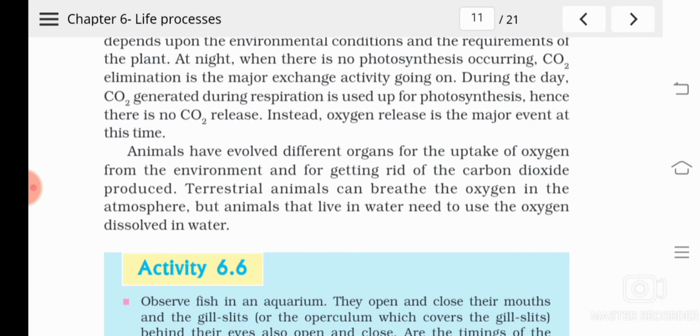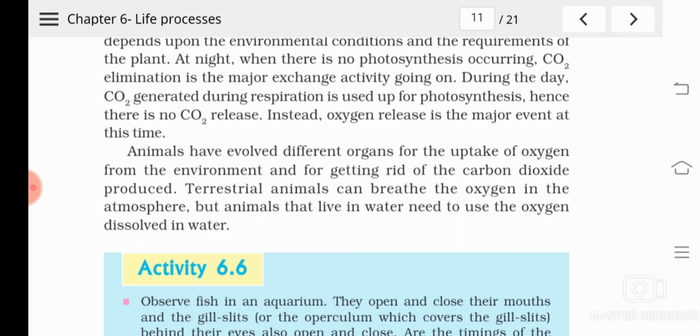Different organisms evolved different organs. For example, in amoeba, the cell membrane itself is enough. Organisms like frogs can use their moist skin, and they can also respire through gills when they are in the larval stage, and they have lungs when they become adult.